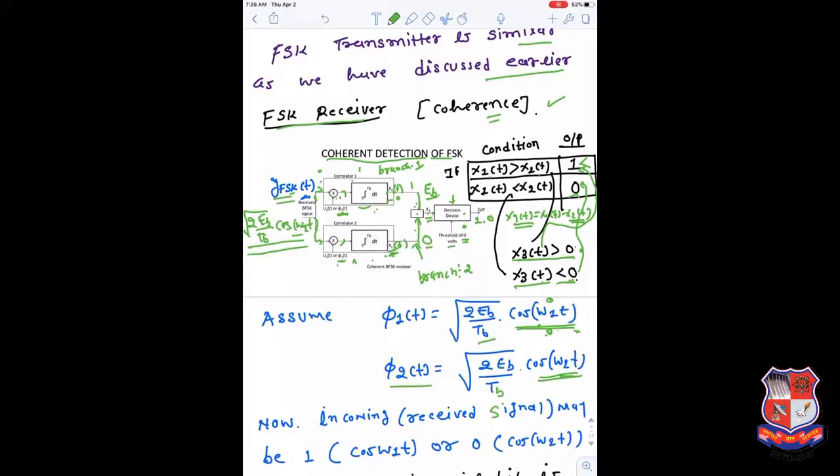Cos omega 1t and cos omega 2t are orthogonal, so the upper branch produces 0, and here cos omega 2t is multiplied with phi 2 of t, which is the same frequency cos omega 2t, and it will produce an energy Eb in the lower branch. So if the 0 is received, the lower branch has a higher amplitude than the upper branch.